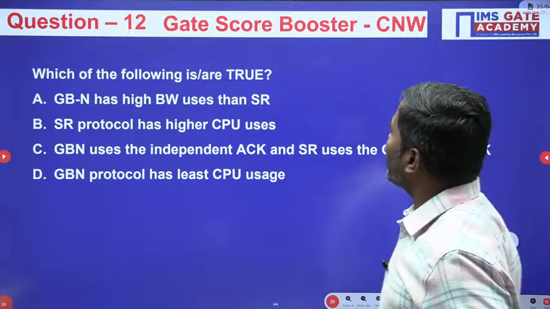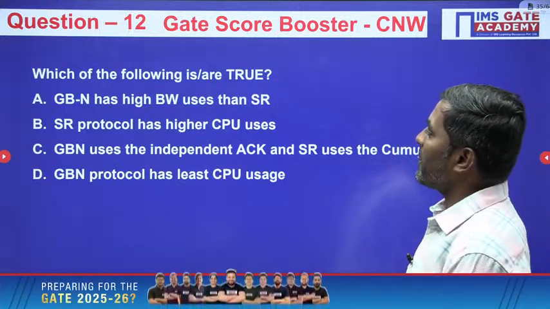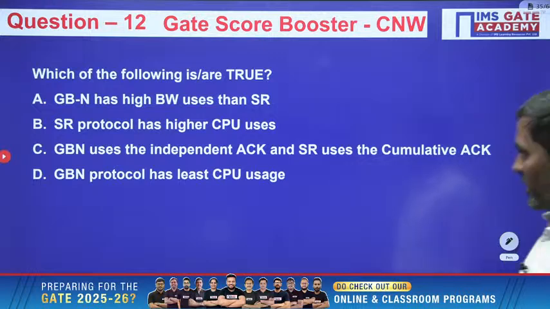Which of the following is true about these protocols? Just think and answer it.